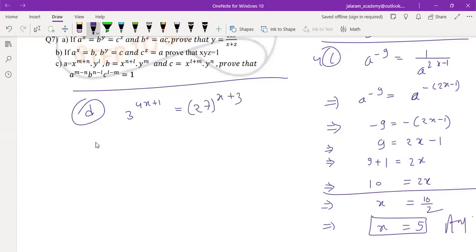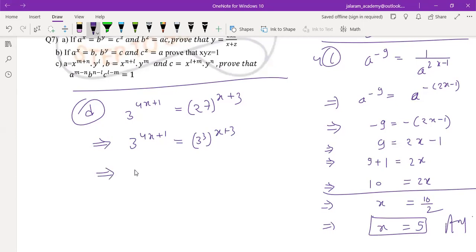Yes, next line. It implies 3^(4x + 1) is equal to (3³)^(x + 3).